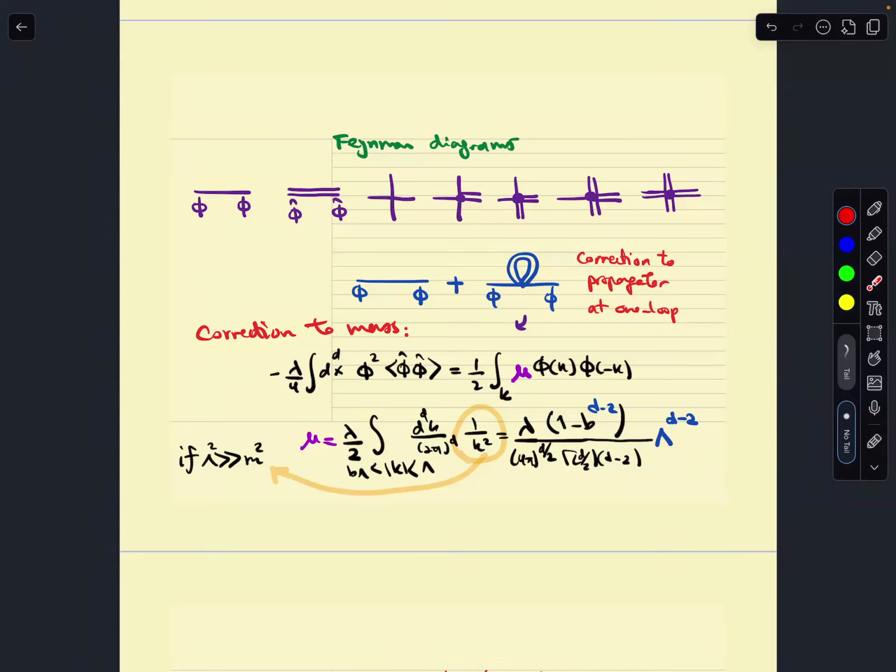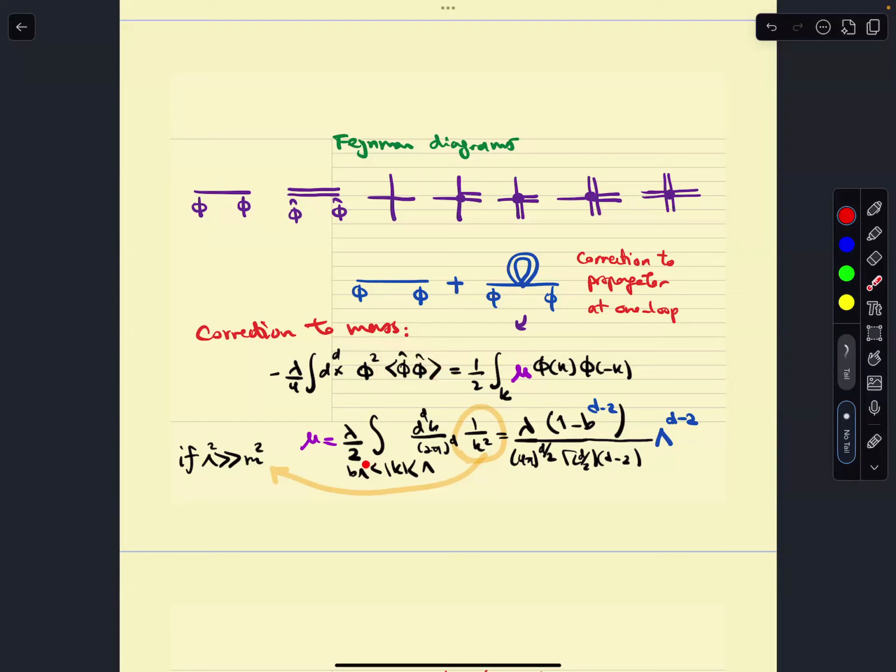Because what is this diagram? This is phi squared, phi hat, integral over d^d x, right? So after Fourier transform, this becomes half integral over k because it's a loop, phi k phi minus k. This mu is nothing but this 2-point function, right?